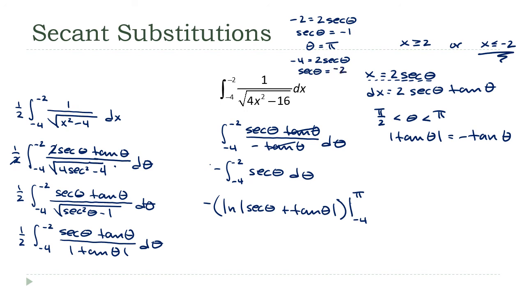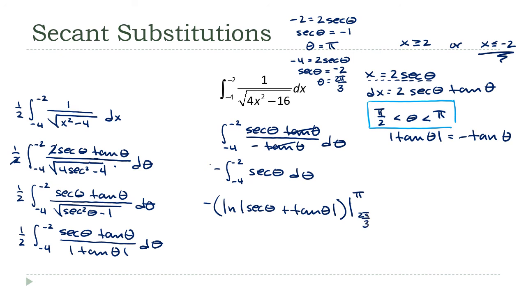To be honest with you, I don't really know the secants. I'm thinking, okay, that means the cosine of theta is -1/2, and where is the cosine of theta -1/2? That's going to be 2 pi over 3. So theta is 2 pi over 3. And I want you to notice, those values are both within our restricted range here. So we're going to replace the -4 with 2 pi over 3.